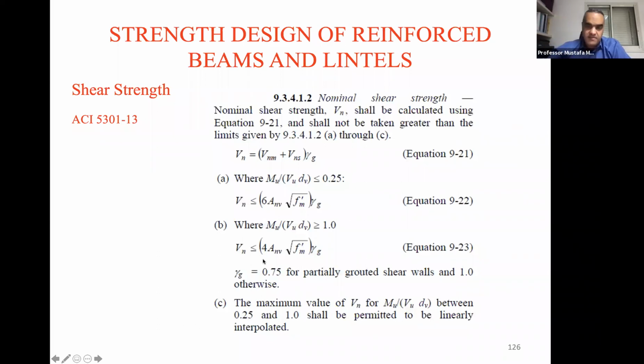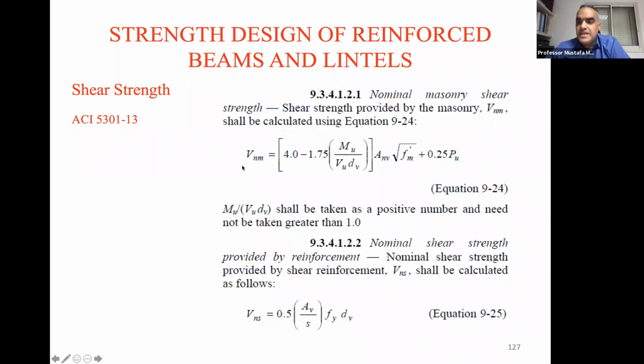So we go beyond the allowable stresses and beyond the yield point, right? So that's why you have 6 times A sub nv times square root F prime M, everything times gamma sub g. And this is less or equal than 4 times A sub nv square root F prime M, everything times gamma sub g, okay? Anything in between, you can do interpolation. And that's the same thing here for the nominal shear strength in masonry as a force, in kips or in pounds.